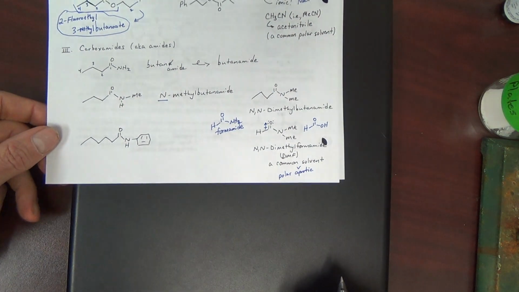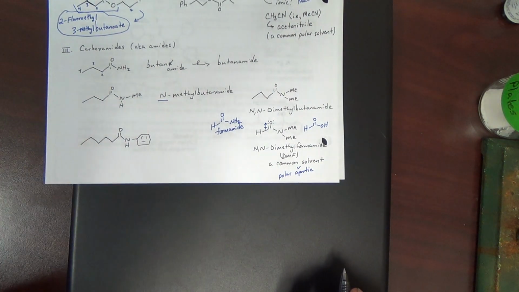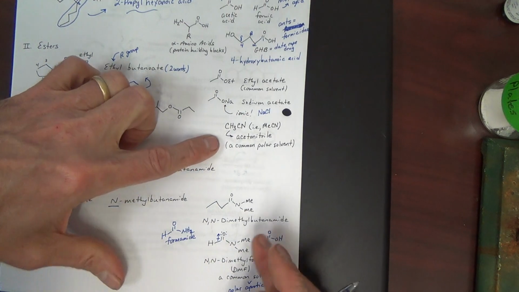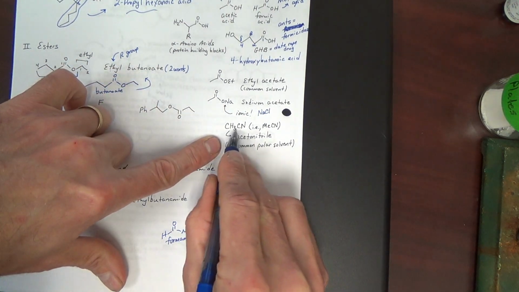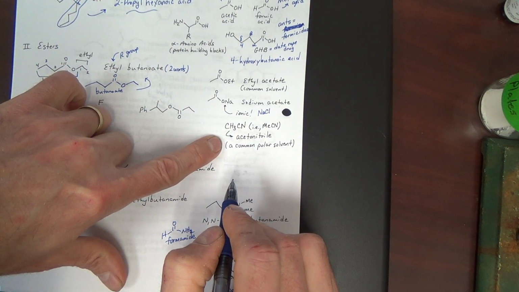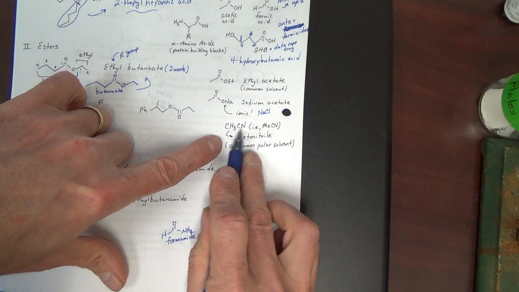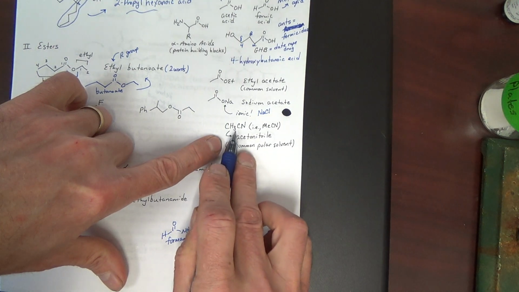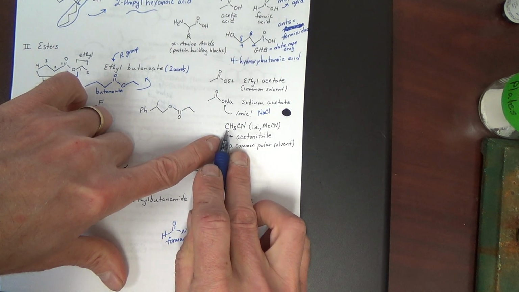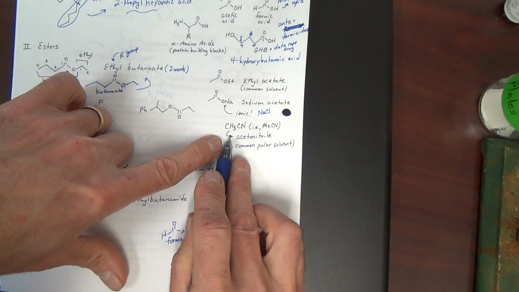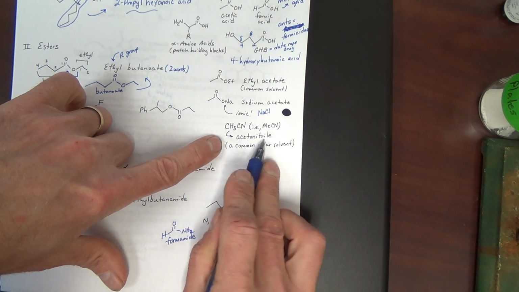Okay. One other one. We're not going to look at the nomenclature of nitriles, but I do want to point out one common nitrile solvent, acetonitrile, which we actually do use in the Organic 2 laboratory. Methyl with a cyano group. Sometimes people call this methyl cyanide, but I do not like that name at all. You should call this acetonitrile.